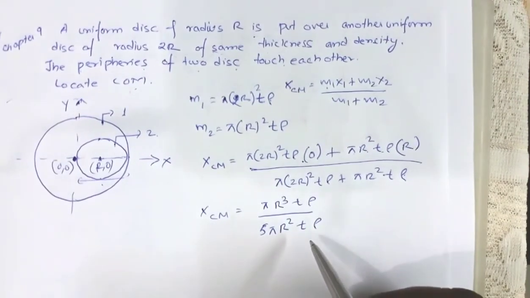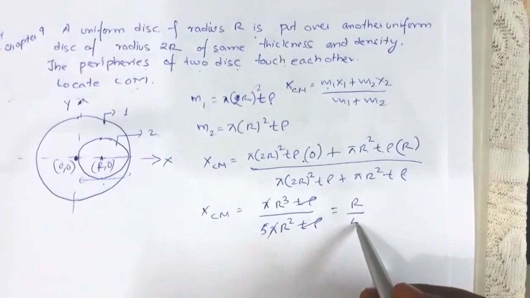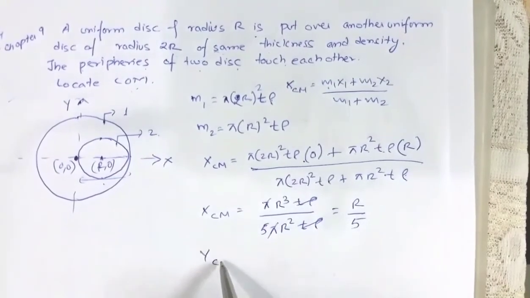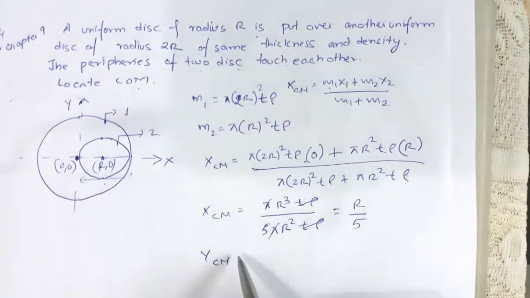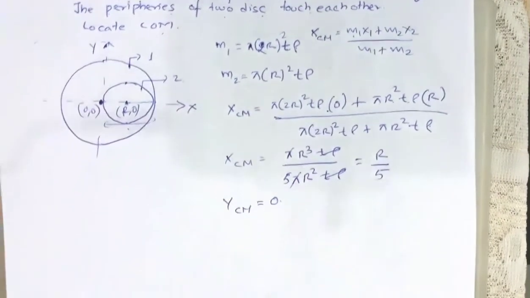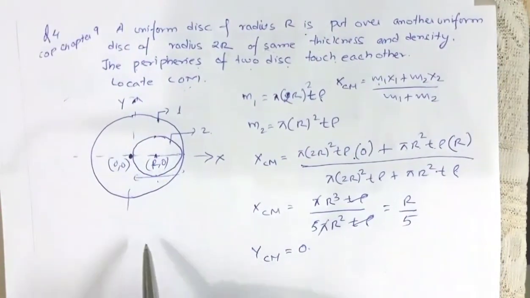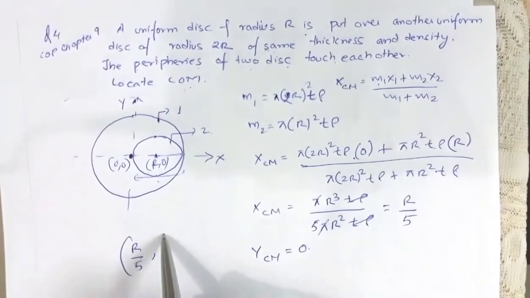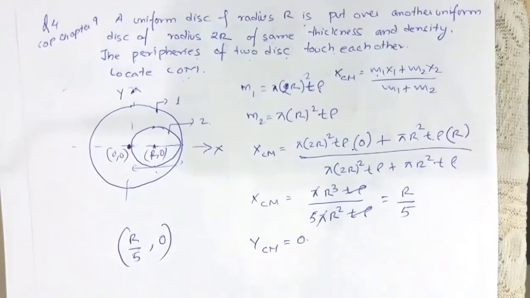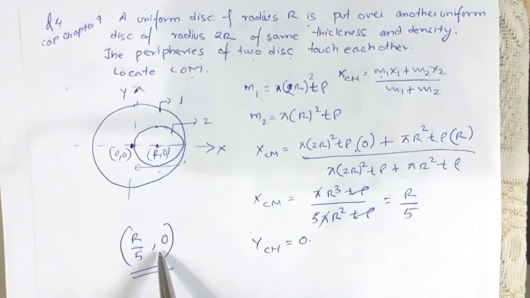Pi gone, t rho gone, r cubed over r squared, so we are left with r by 5. Now ycm, the y coordinate: here it is 0, here also it is 0, so obviously ycm will be 0. So the coordinate of the center of mass for this system will be r by 5, 0. This is the final result. For this system, the center of mass will be located at r by 5, 0.